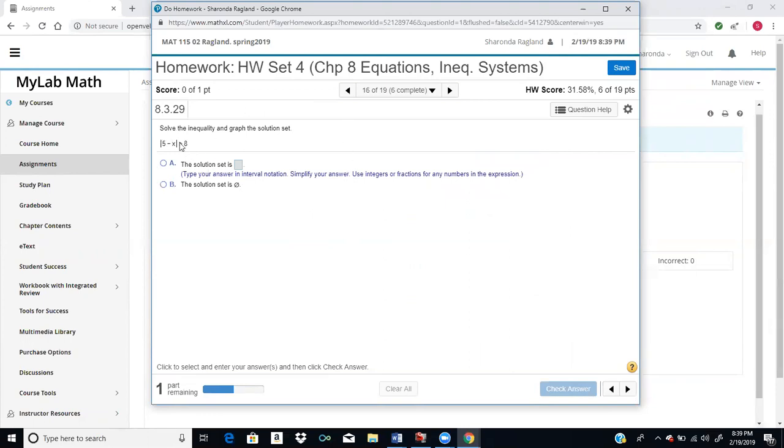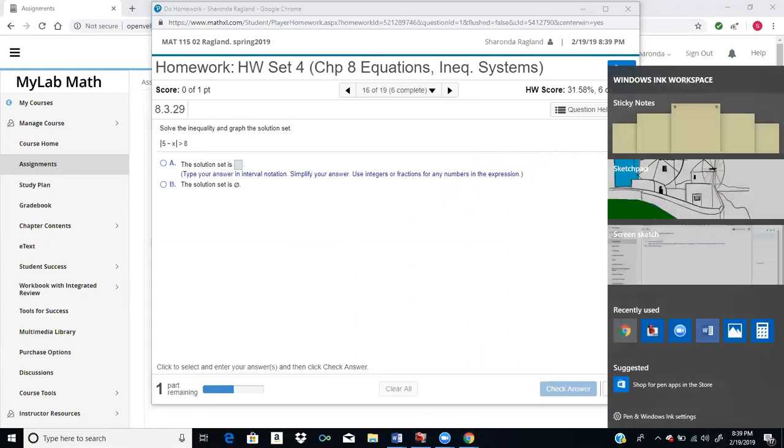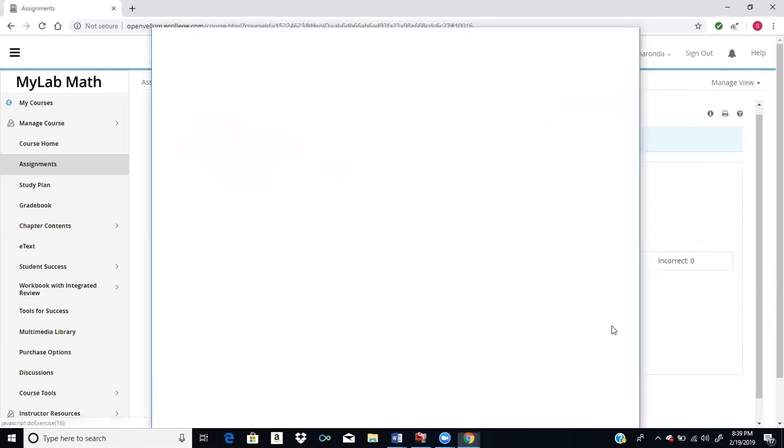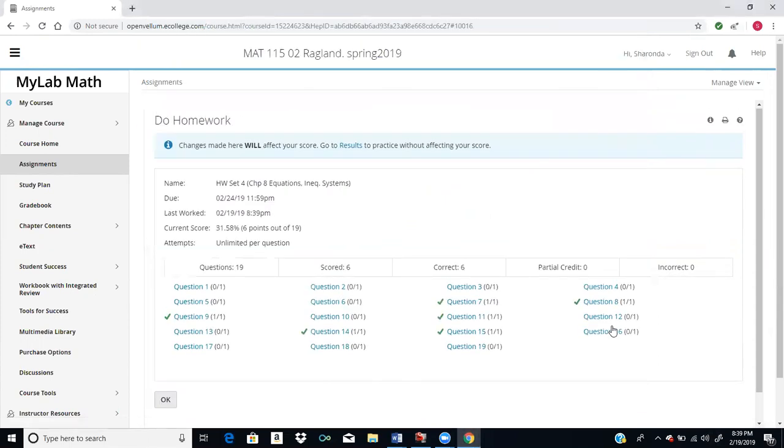So here we have a little bit more work. This is very similar to the last one. Still the same case number 3.